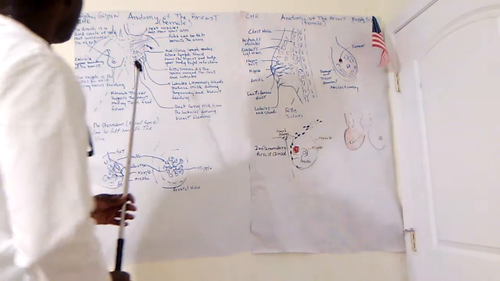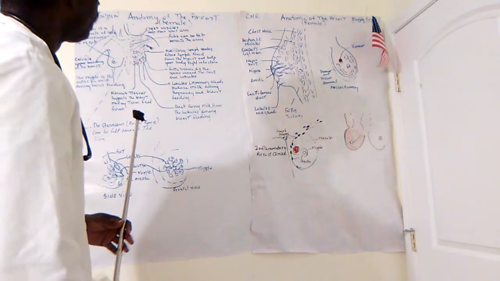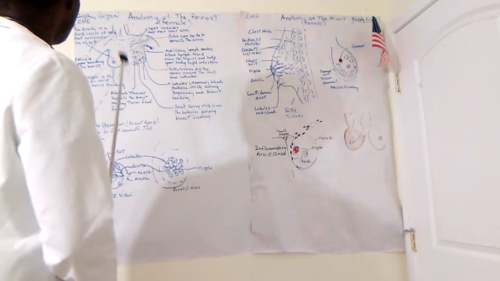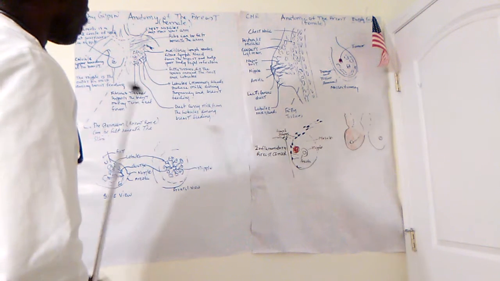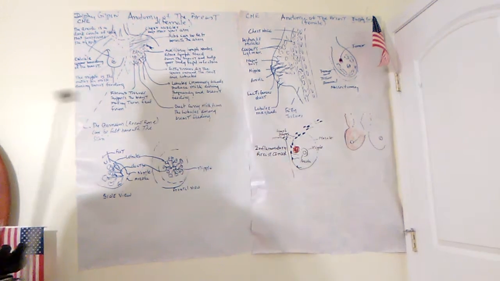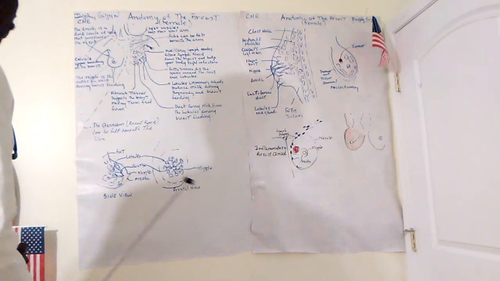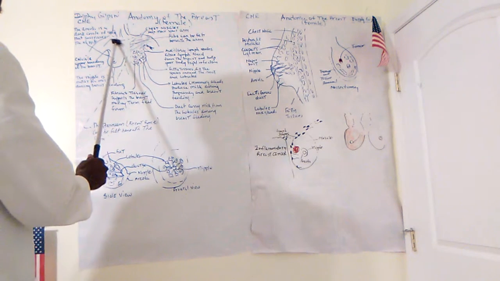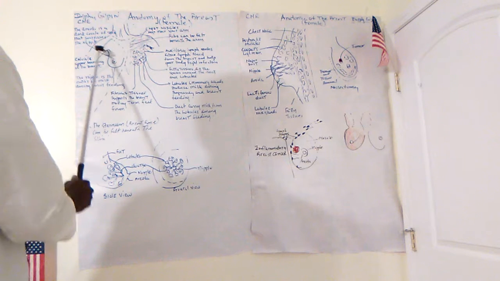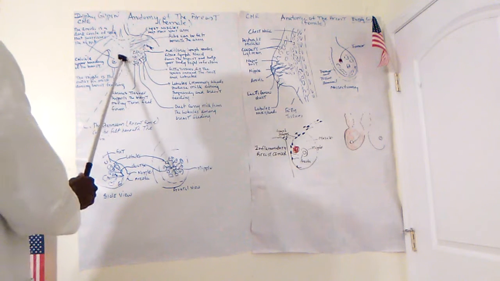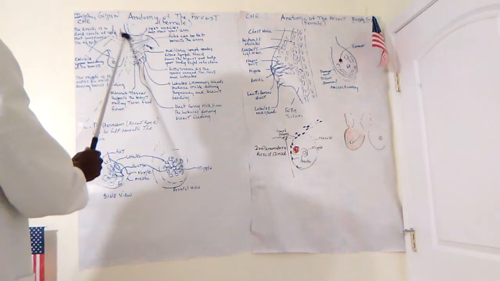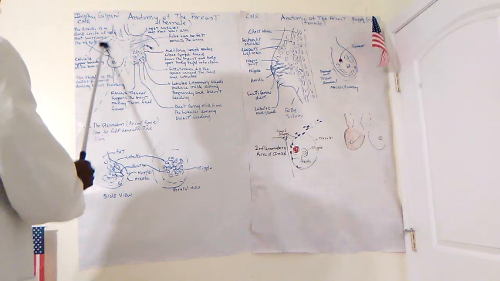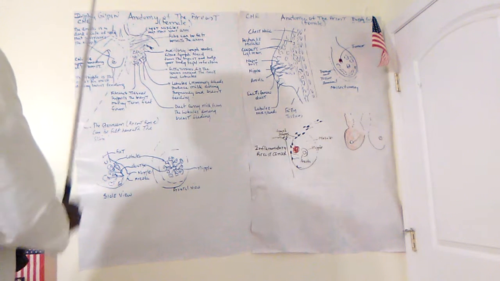So once again, this is the anatomy of the female breast, and it's showing a sagittal view, left and right breast, with various organs surrounding the breast, like the clavicle, the neck, the border between the clavicle and the upper boundary of the breast.